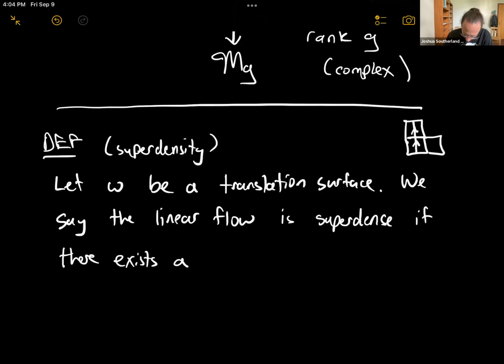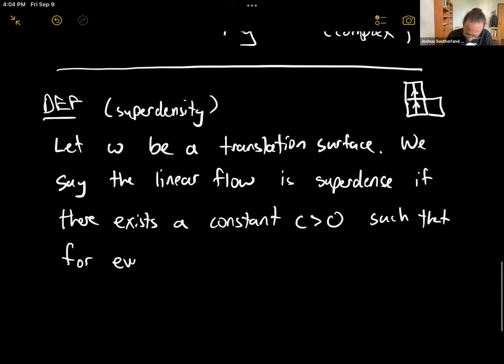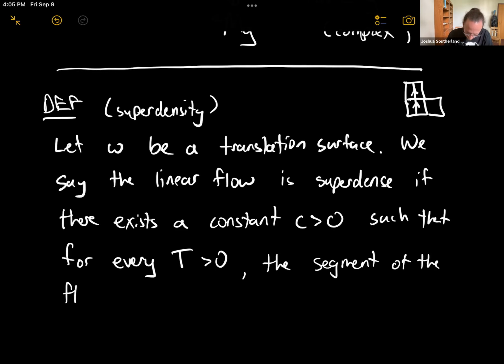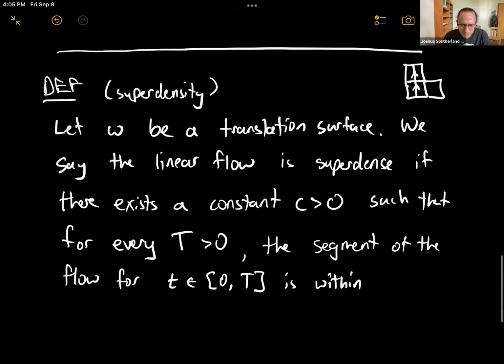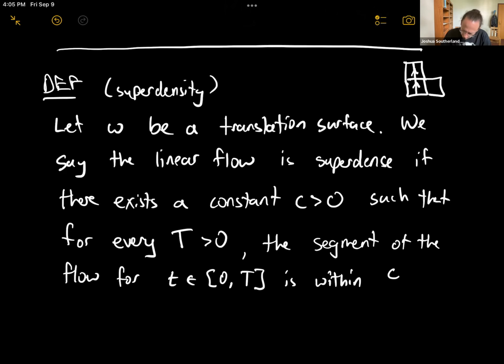there exists a constant c greater than 0 such that for every T greater than 0, capital T is some time, the segment of the flow for t from 0 to capital T is within c over T of each point on the translation surface.